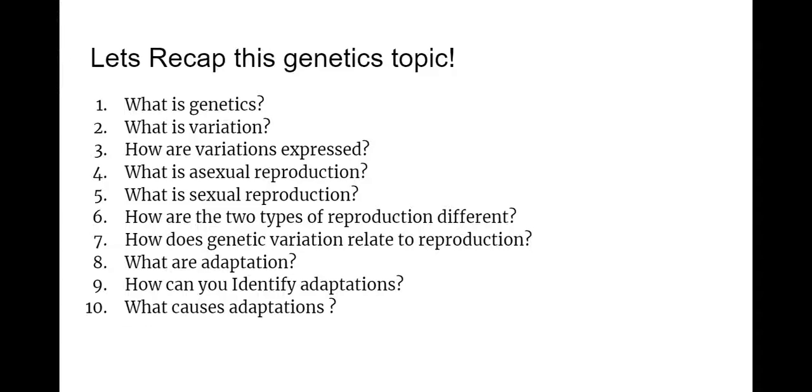Also, in sexual reproduction, this is where variation comes from because you get two different sets of DNA, one from dad and one from mom. Because you get those two different sets of DNA, this is what causes you to be different, which is why you may not be the same height as your mom or your dad. Also, asexual, you get identical offspring. Sexual, you get variations of offspring.